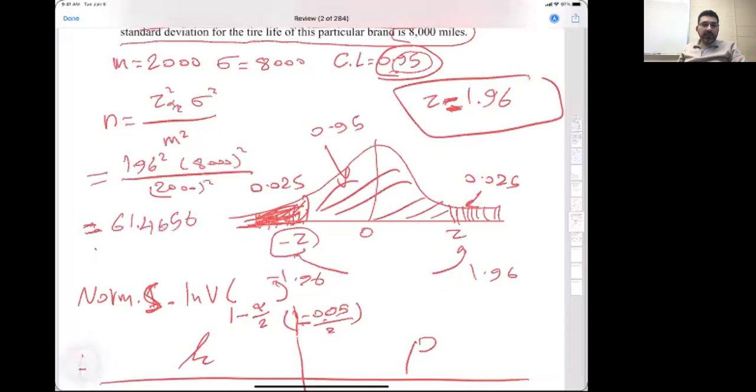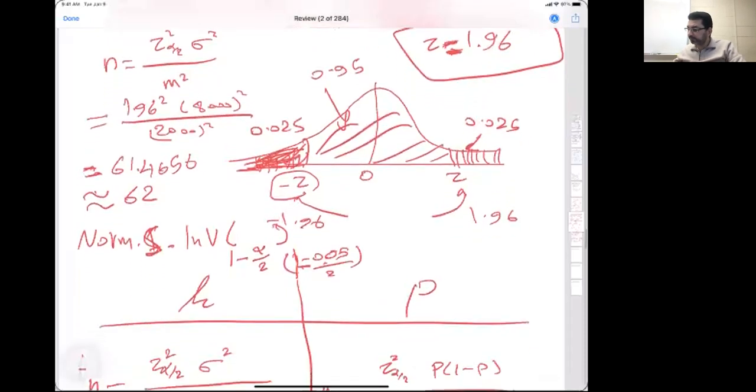When we use these equations to find the required sample size, always round the result up, even if you have 0.0000 something. Always round it up. So the required sample size is 62 in this case. So this would be the answer for this question, how we can find the required sample size to construct a confidence interval based on a specific confidence level.